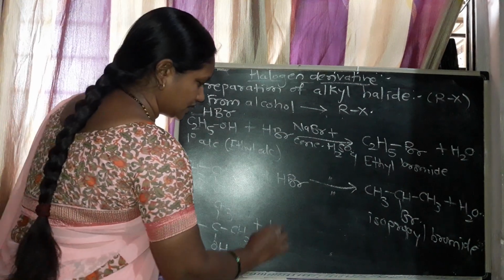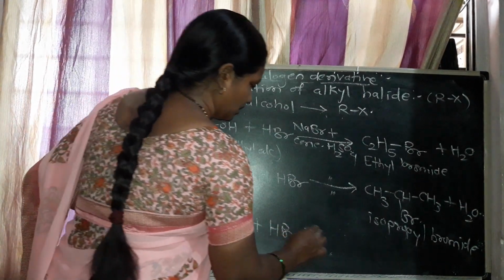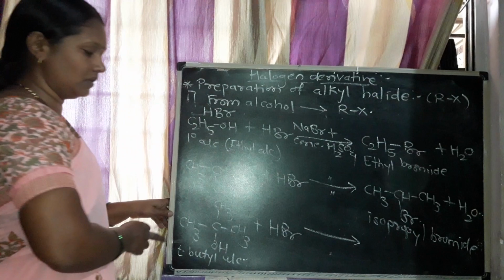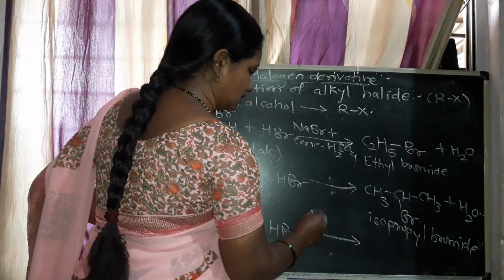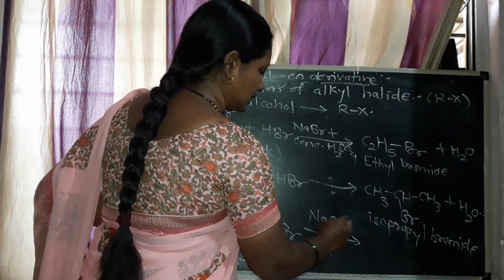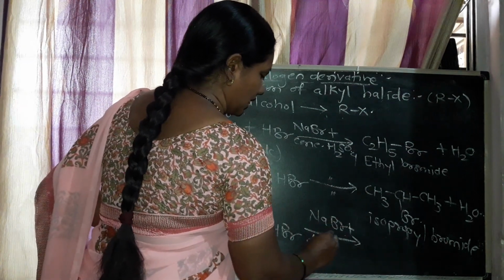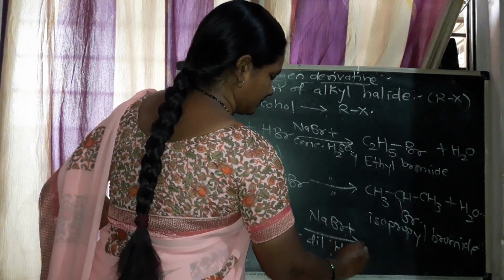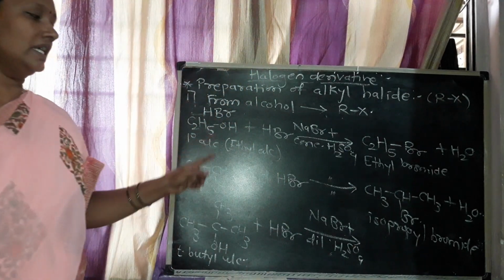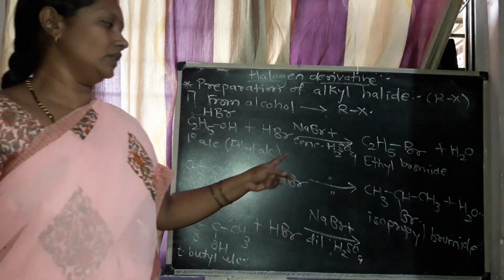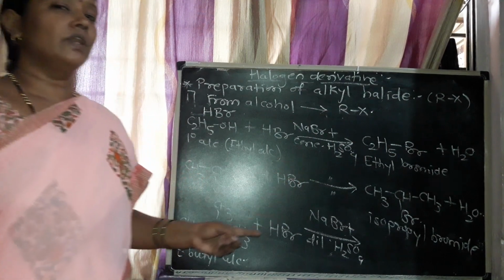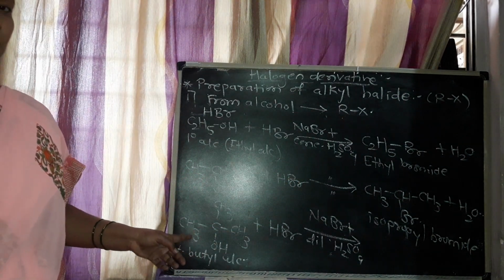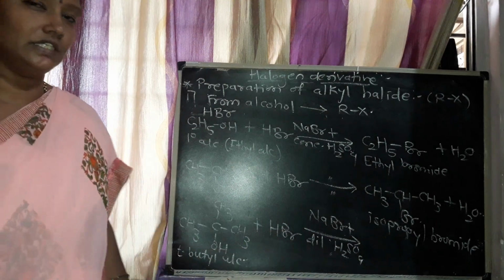Now reaction with HBr. Here tertiary alcohol is more reactive than secondary and primary. Therefore the catalyst required is NaBr plus dilute sulfuric acid. Primary and secondary are less reactive, therefore concentrated sulfuric acid is required. But tertiary alcohol is reactive, so dilute sulfuric acid is required.